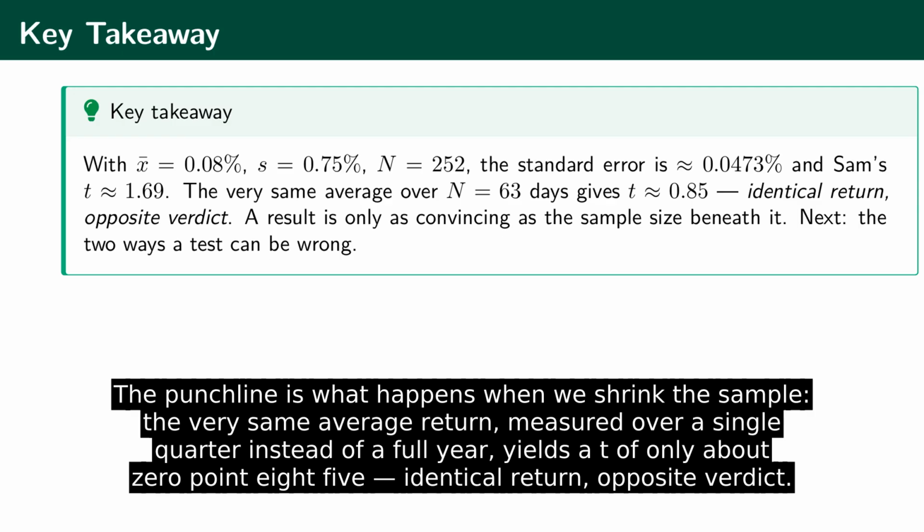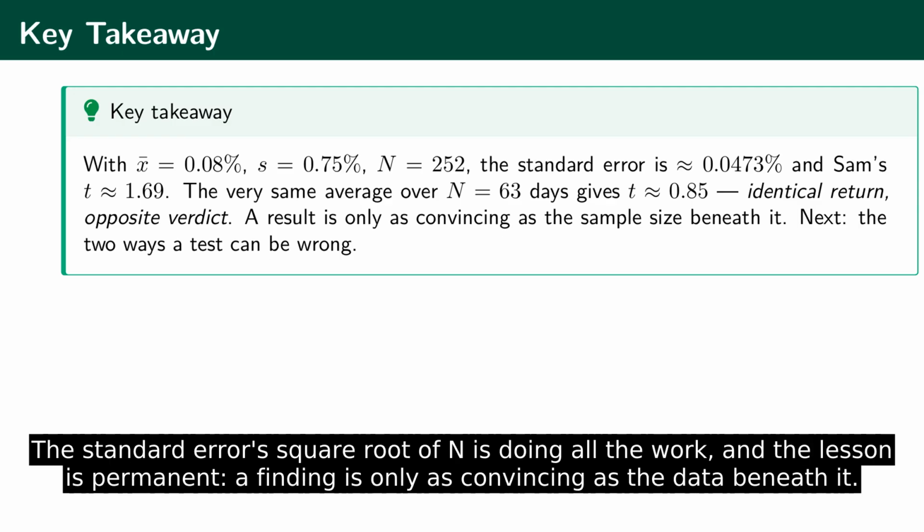The punchline is what happens when we shrink the sample. The very same average return, measured over a single quarter instead of a full year, yields a t of only about 0.85. Identical return, opposite verdict. The standard error, square root of n, is doing all the work, and the lesson is permanent. A finding is only as convincing as the data beneath it.